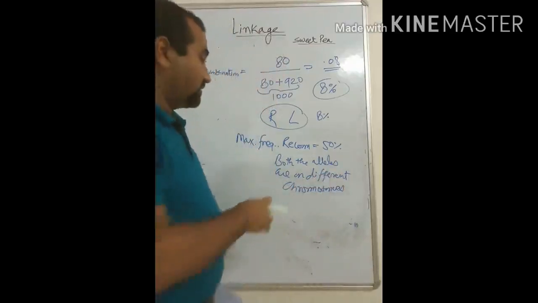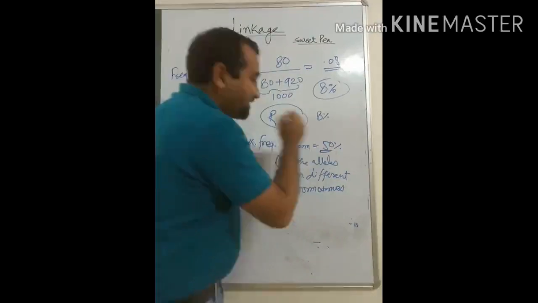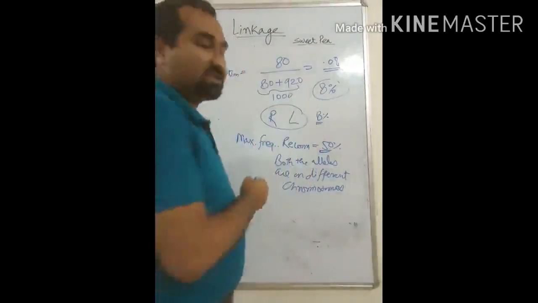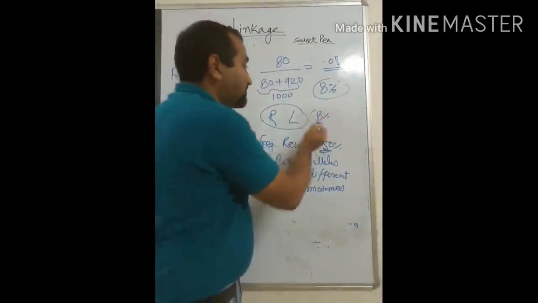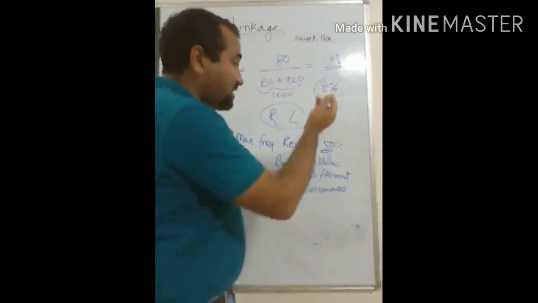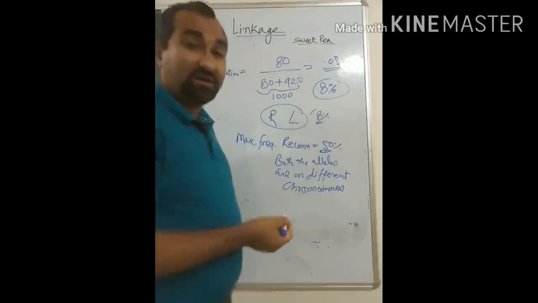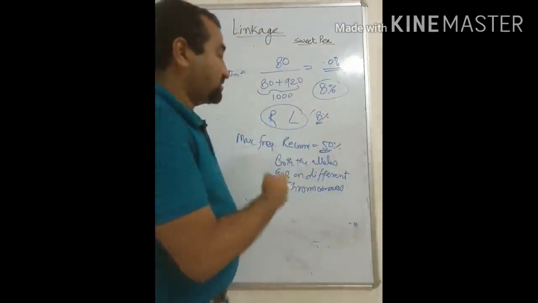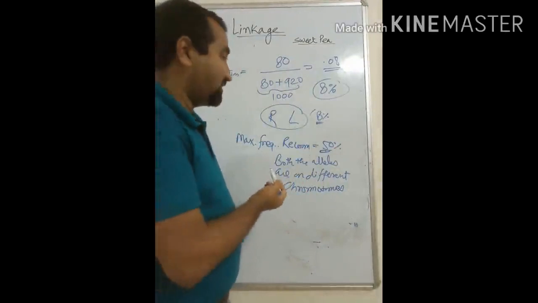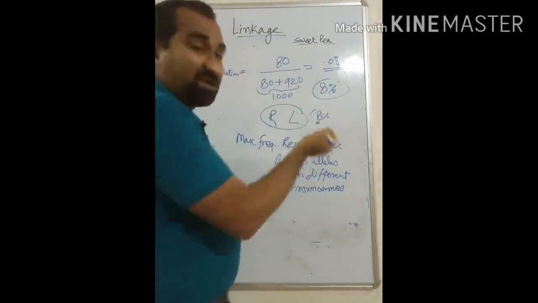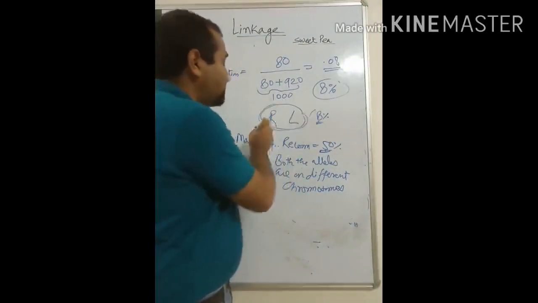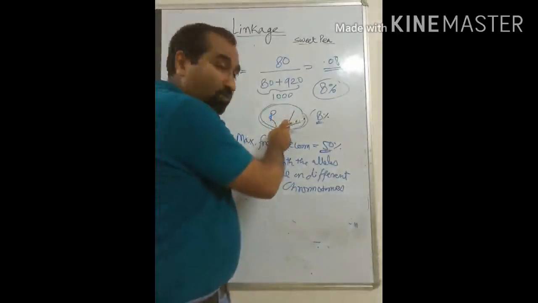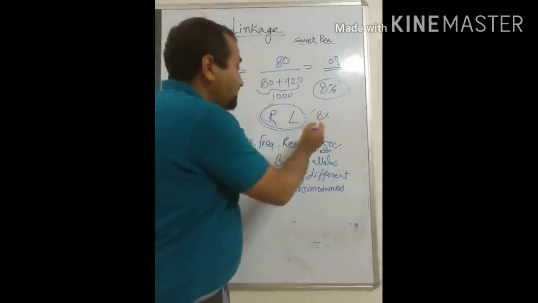If the frequency of recombination is less than 50%, as in the case of Lathyrus odoratus, where it is 8%, much less than the maximum, it indicates that both the genes deciding the red color of the flower and long pollen are linked together.